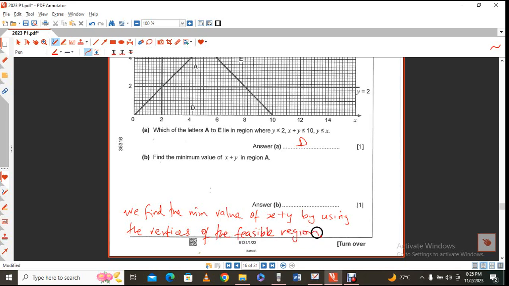And the feasible region is where my D is.